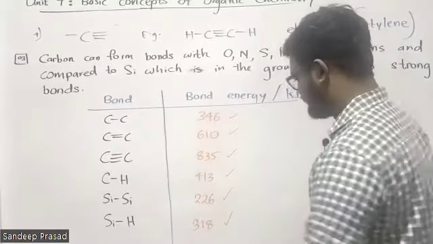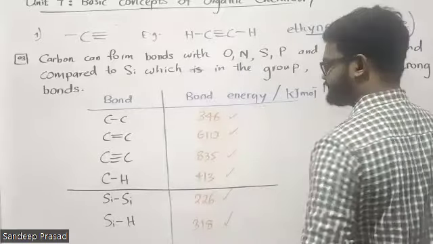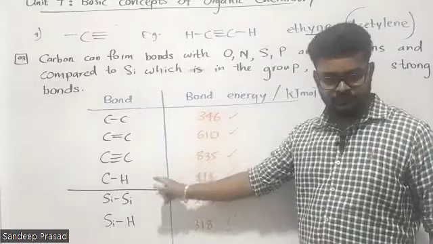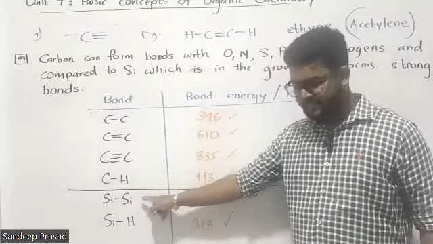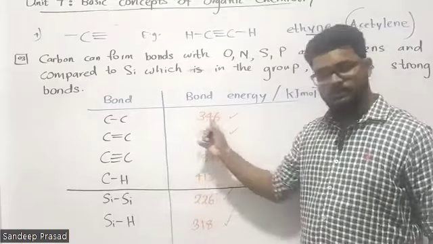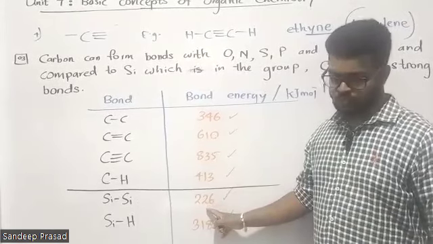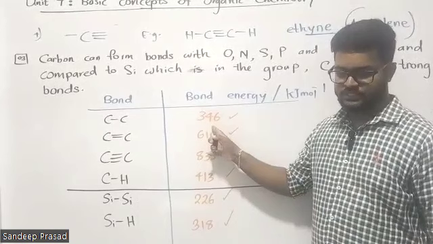Now, if I draw the brown boundary line, look at the difference. These are bonds formed by carbon. These are the bonds formed by silicon. Look at the silicon-silicon bond energy and carbon-carbon bond energy. Silicon-silicon is 226, but carbon-carbon is 346.